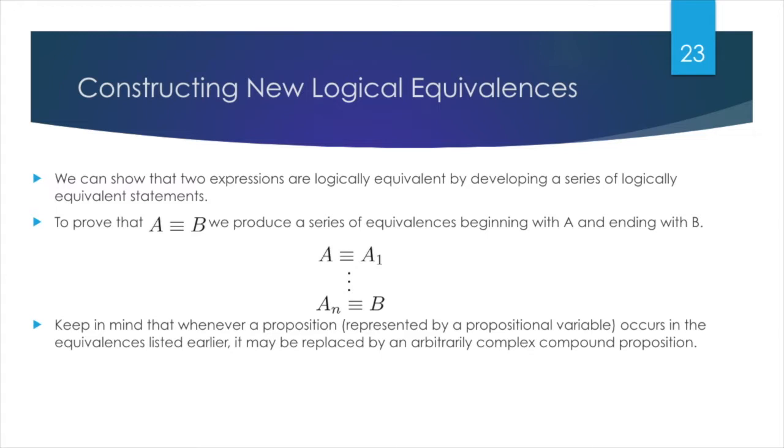For example, to prove that A is equivalent to B, we produce a series of statements. Let's say A is equivalent to A1, and then we use the law to simplify the proof further until we can conclude that AN is basically equivalent to B.